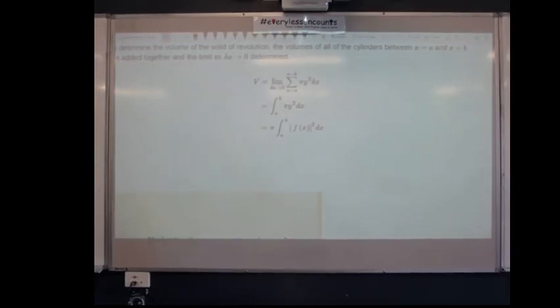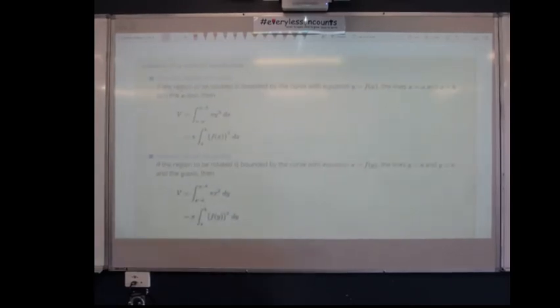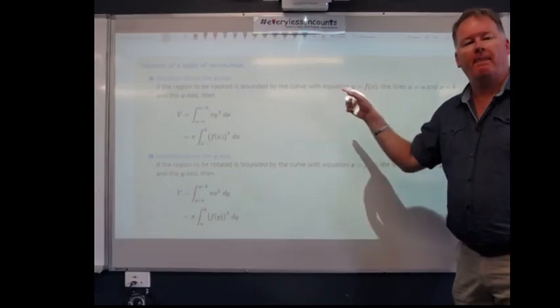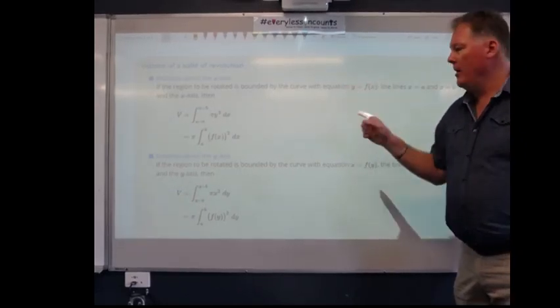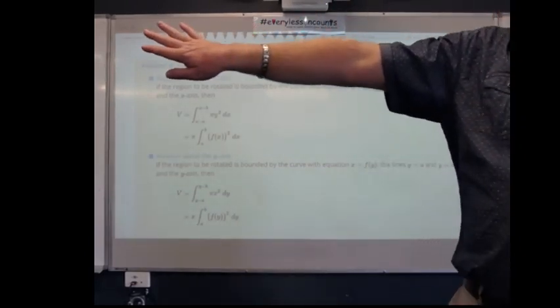Now I have got it summarised just here. I need to make it a bit smaller. So there's the summary of the two. Now we only talked about the x-axis so far. But hopefully you can imagine that if I rotated around the y-axis, the same idea applies.